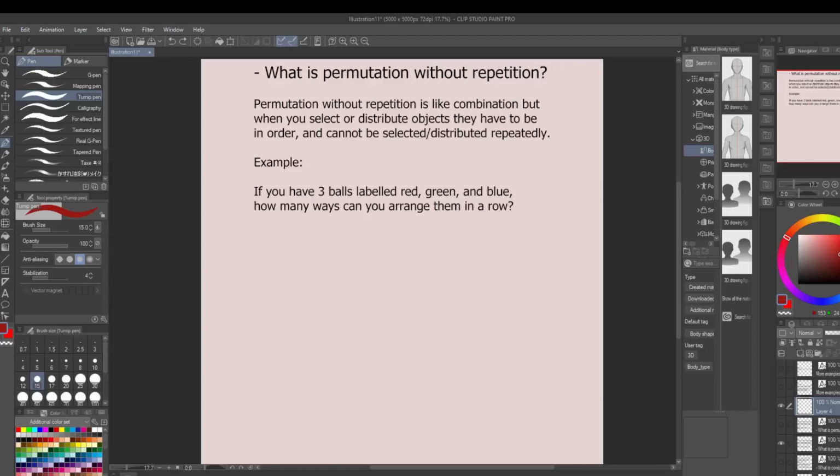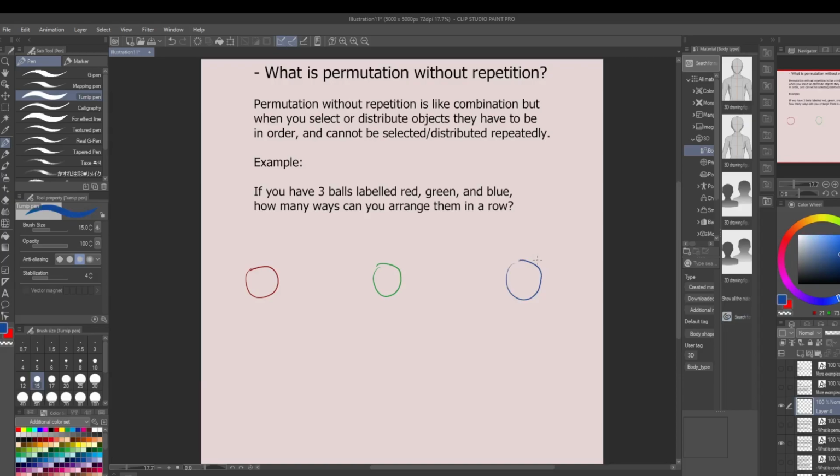Okay, so for example, if you have 3 balls labeled red, green, and blue, how many ways can you arrange them in a row? So if I had a red ball and a green ball and a blue ball, how many ways can I arrange these 3?